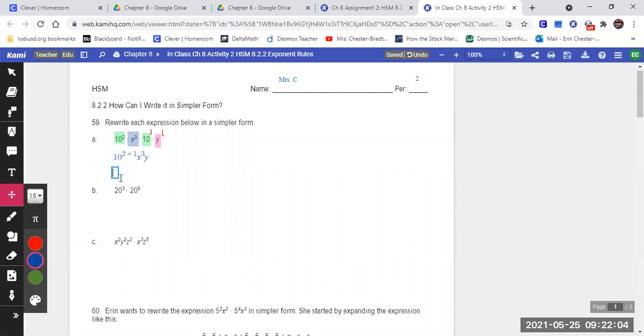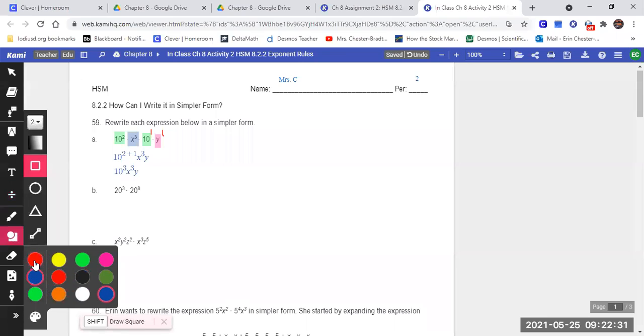What's it going to simplify to? 10 to the what? Yes, 10 to the 3rd, x to the 3rd, y. Okay, there's our final. We made it as easy as it can get. We can't combine the X's and the Y's because they're not the same thing.